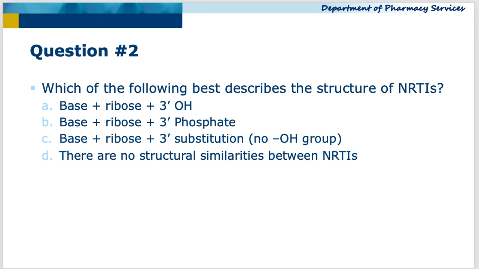So that's going to be the 3' substitution that's not a hydroxyl group. So the answer here is C. The hydroxyl group will actually proceed to allow for chain elongation.